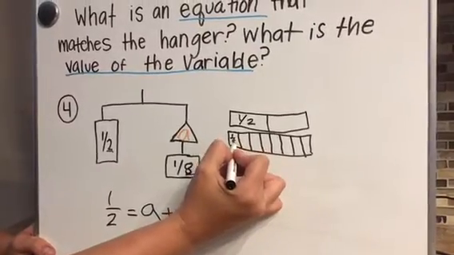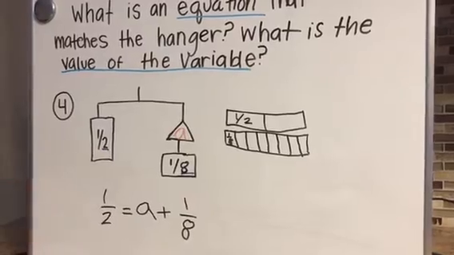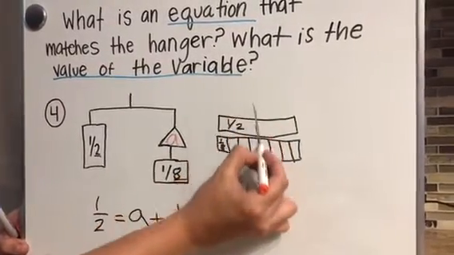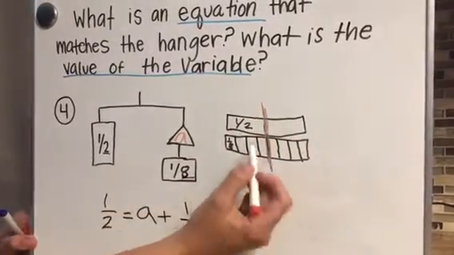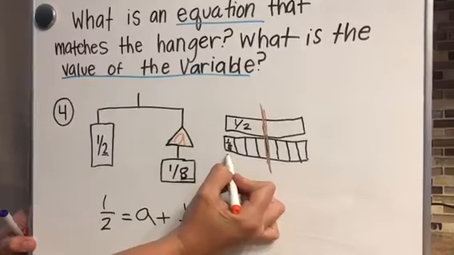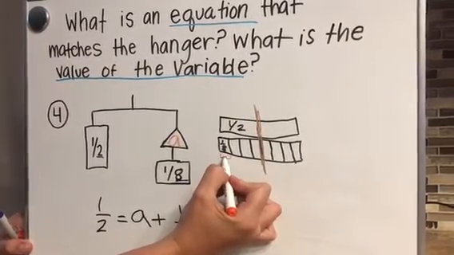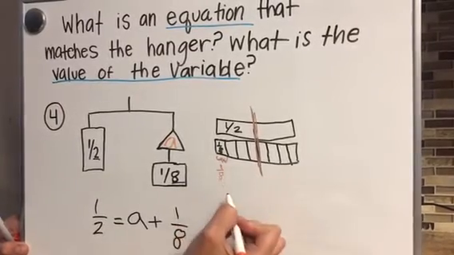I know that this one right here represents 1/8. But if you guys look, this is where the line matches up, correct? So we don't even have to worry about what's on that side. We need to worry about what's on this side. So this right here represents 1/8, okay?